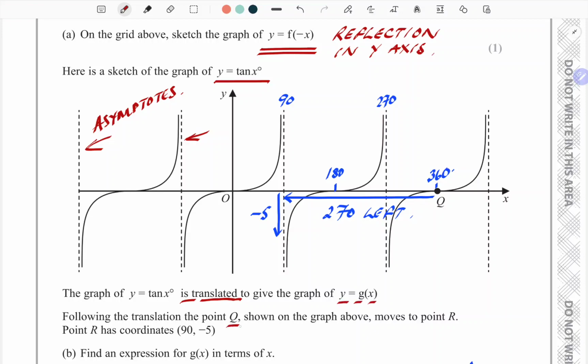Following the translation, the point Q, shown on the graph above, moves to point R, where R has coordinates 90, so 90 degrees, and a value of minus 5. So look what's happening. First of all, I've labeled the various important points.